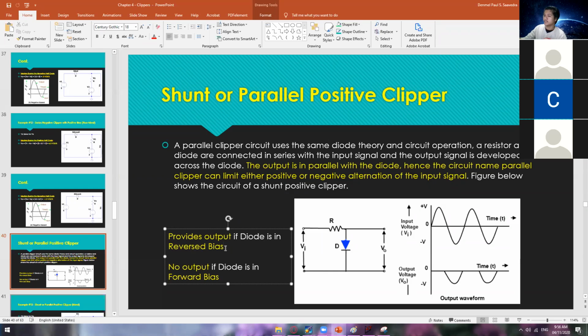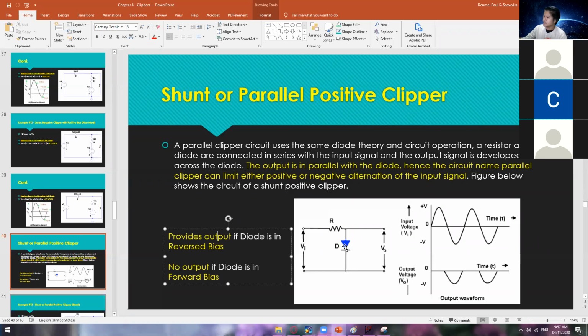If it's in reverse bias, that's the only time that it will provide a voltage output. So it will still conduct, but it will not give you an output if it's in forward bias. It will only give you an output if it's in reverse bias.